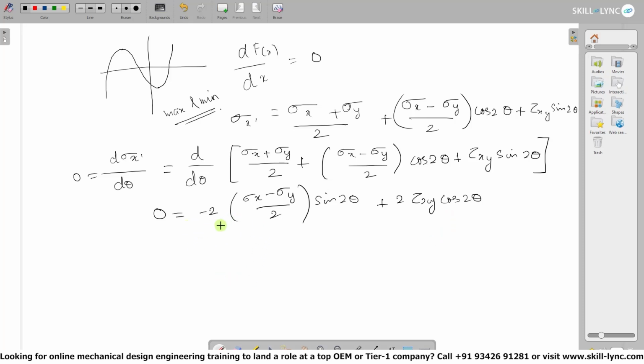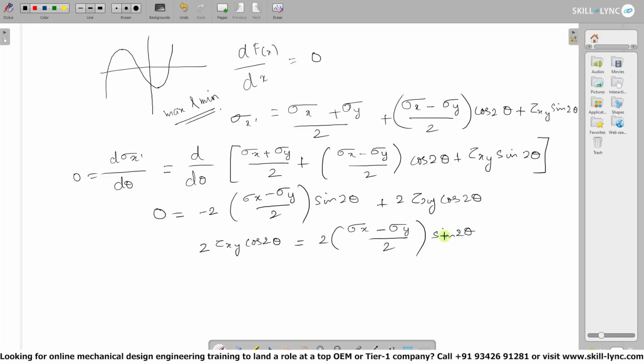Because we have equated this equation to 0, we can take the left hand side and right hand side into consideration and we'll get 2 tau xy cos 2 theta equals 2 into sigma x minus sigma y by 2 into sin 2 theta.